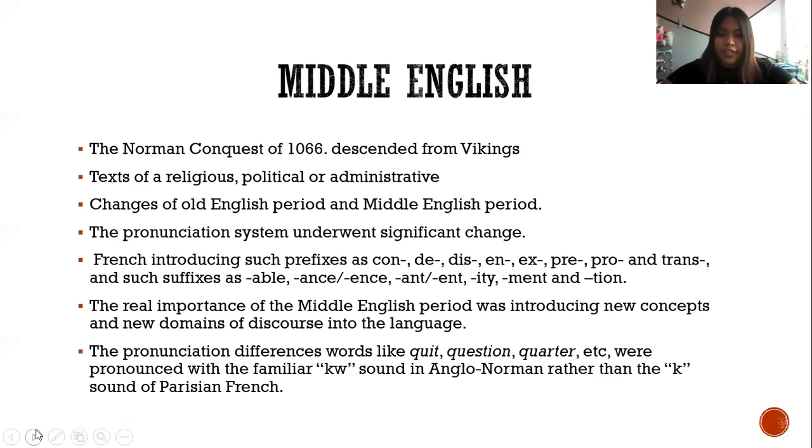During Middle English we find the first great flood of these affixes, with French introducing prefixes such as con, de, dis, en, ex, pre, pro, and trans, and suffixes such as able, ance, ence, ment, and tion.